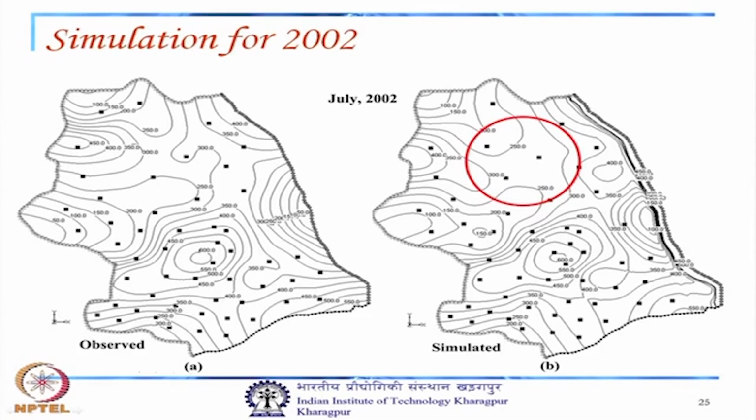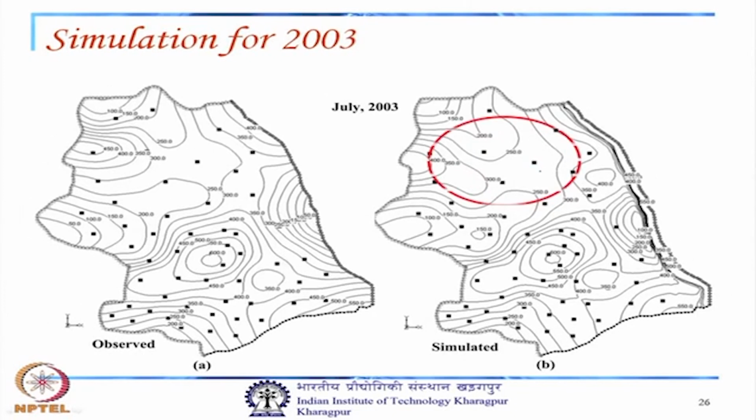and simulation for the 2002 also it has been found that observed and simulated, in the middle portion only there is some kind of deviation. And the simulation for 2003 also it is found that there is some kind of deviation for that same region.